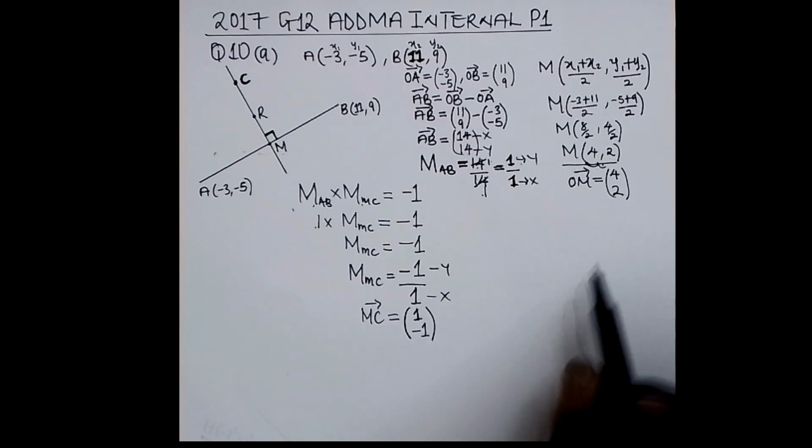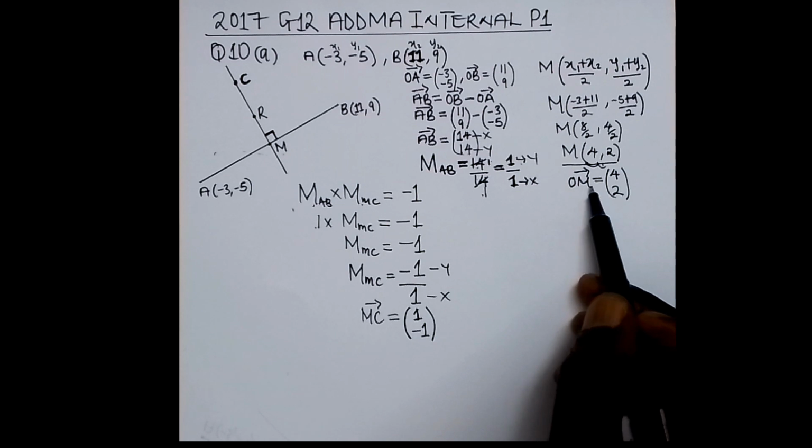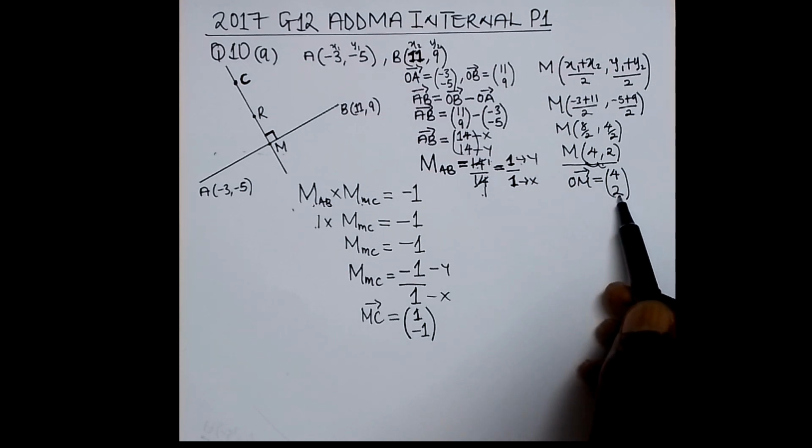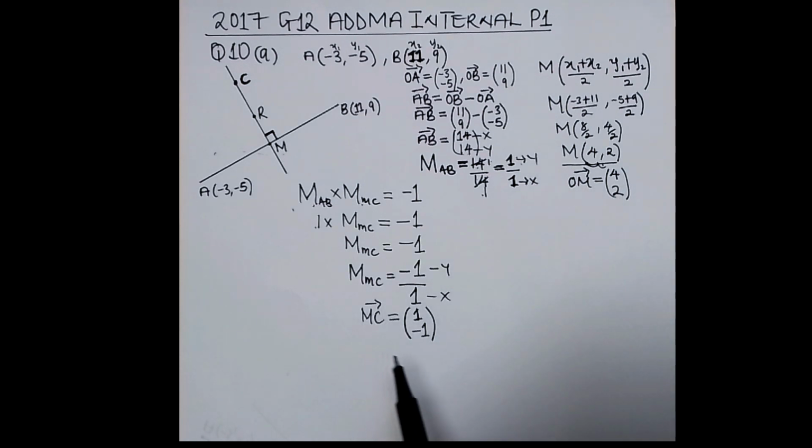So this means that O to M is 4, 2. Then it also means that O to R is connected from the origin, so it will be the OR vector.